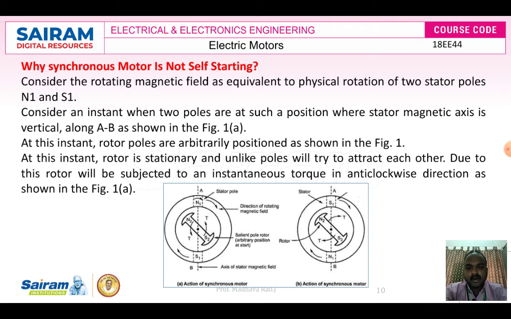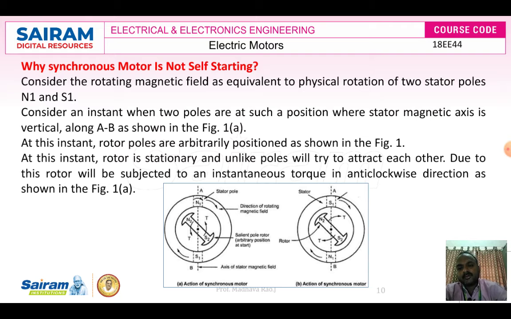At that instant the rotor poles are arbitrarily positioned as shown in figure 1a. At that instant the rotor is stationary and unlike poles will try to attract each other. This is the principle of magnetism: like poles repel and unlike poles attract each other.